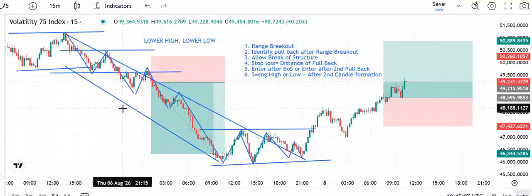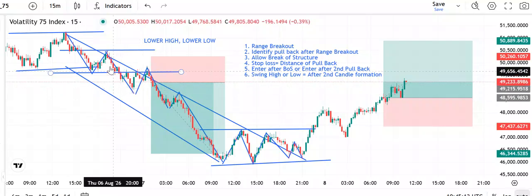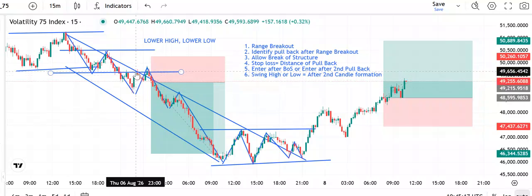Okay. Now your pullback is established by this. This is a downtrend. You are looking for pullback 1, 2. Close of this 2 is your pullback. This is a swing, this is a top, and price starts to form red candle 1, 2. Close of this second one is your pullback.